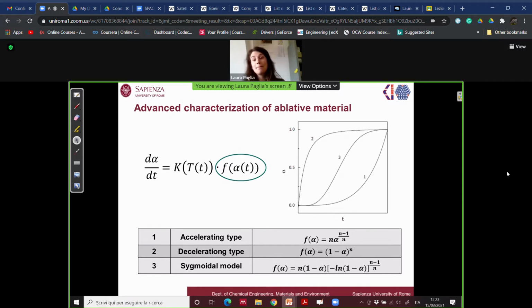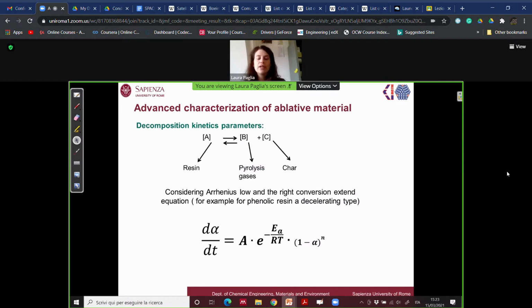But in this case, we have a lot of literature data for phenolic resin, and so for this kind of material, we can use this equation here. So now we have this function for the derivative of alpha with respect to time.